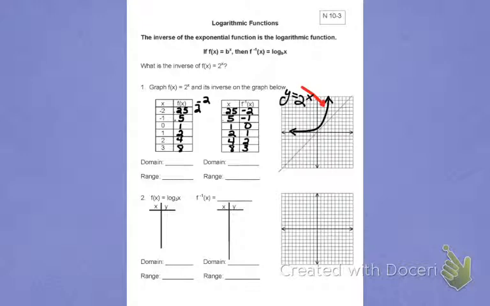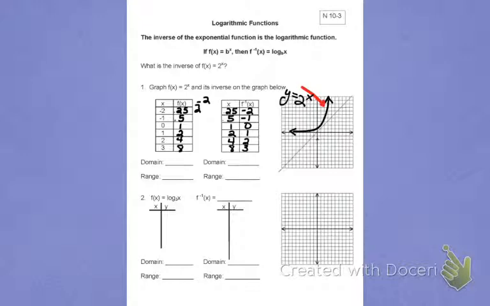Now we're going to graph the inverse, which is log base 2 of x, down here. And so it's going to look like this. We're at 0.25, negative 2, which is right about there. It's got to be on the positive side.